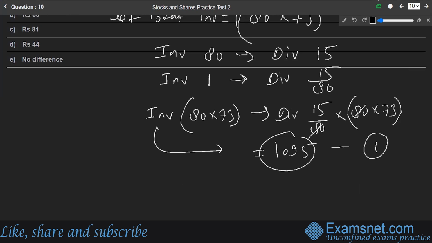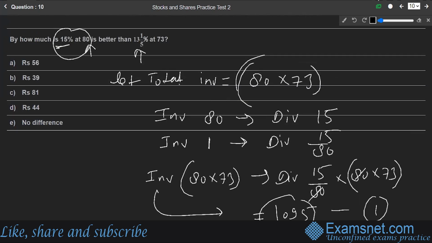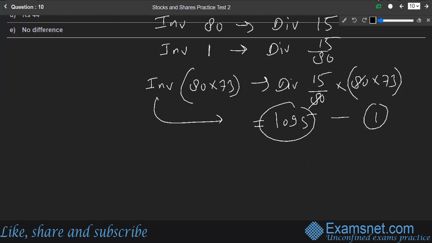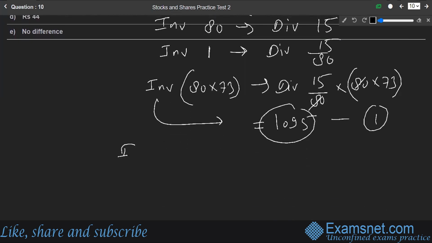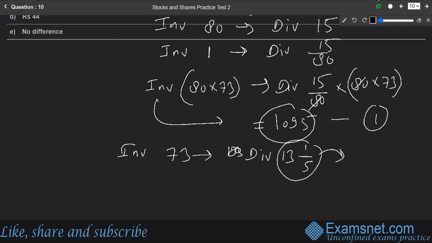Then again, let's use the second scheme. The second scheme says 13 1/5% at 73. So an investment of 73 rupees will fetch 13 1/5 as dividend. 13 1/5 in a simple fraction can be written as 13 into 5, 65, plus 1, 66, so 66 by 5.